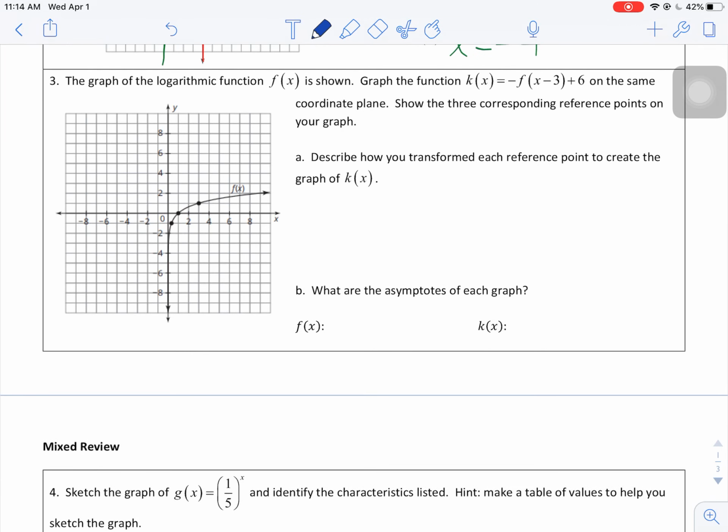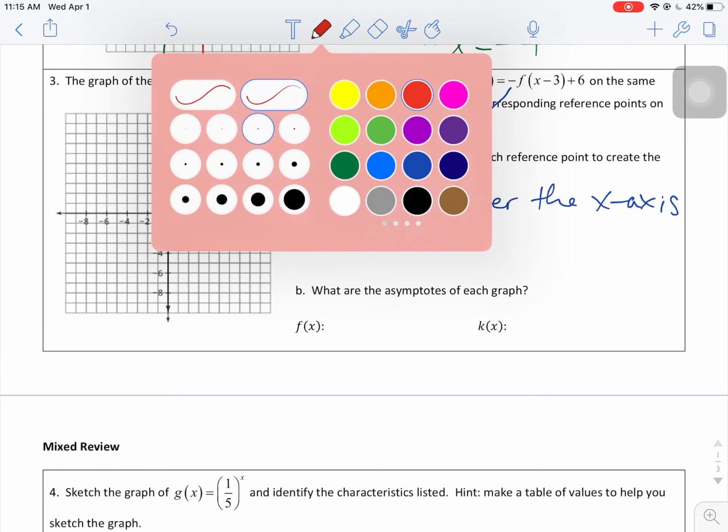On 3, we have a logarithmic function already graphed, and then let's move the 3 points like they ask us to, and then we're going to say the new asymptotes. So that negative sign in the front is the reflection over the x-axis, or basically flipping the graph upside down.